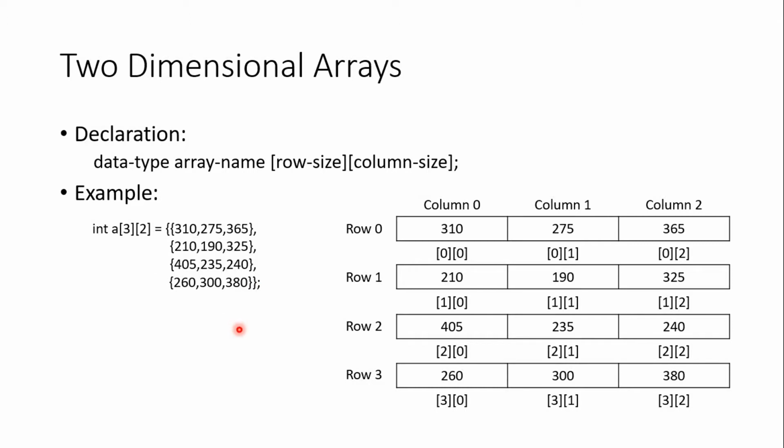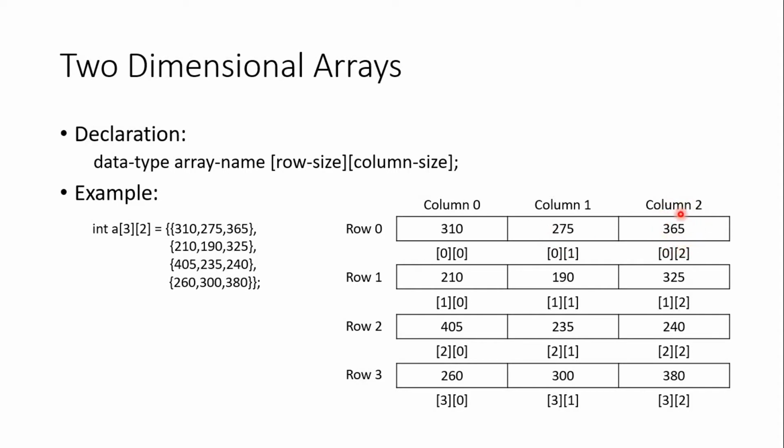So it will also utilize 12 continuous memory locations. In memory, the values are stored row wise. So on the first memory location, this value will be stored, and then on the second memory location, this 275 will be stored. On the third memory location, this 365 will be stored.